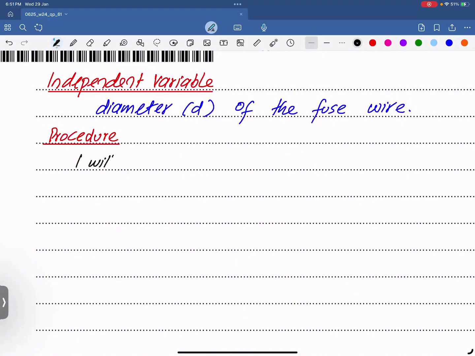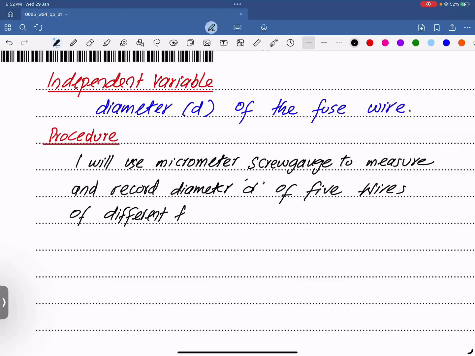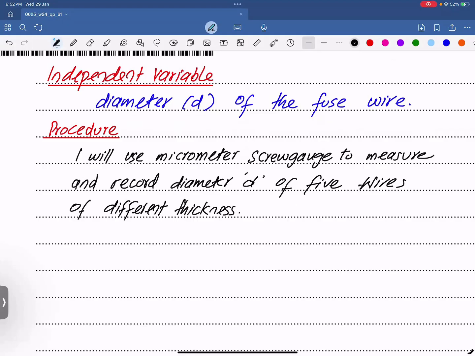So I will use micrometer screw gauge to measure and record diameter D of 5 wires of different thicknesses. Okay, or you can say diameter of given wires.